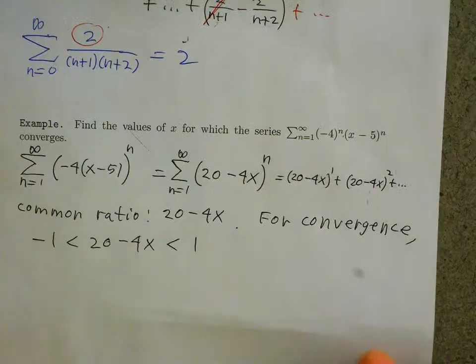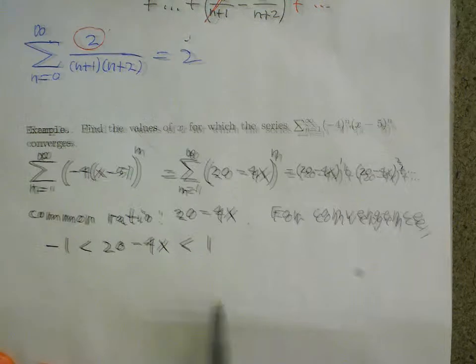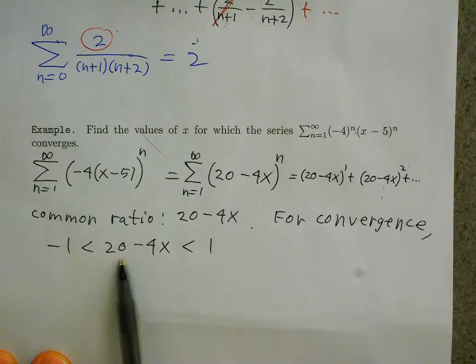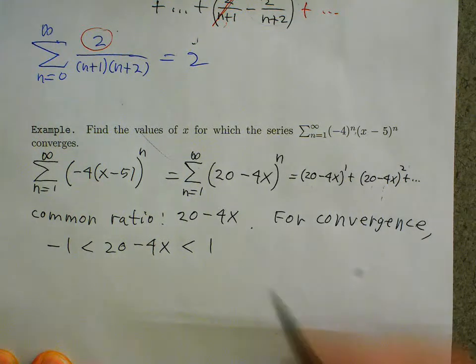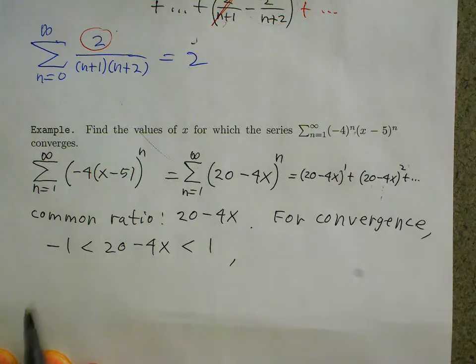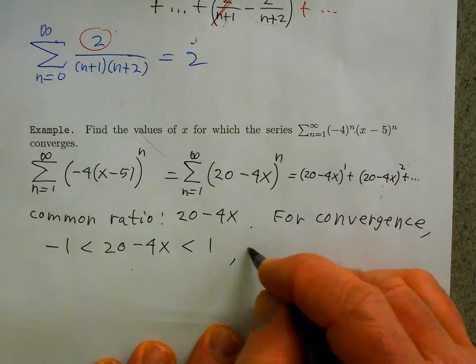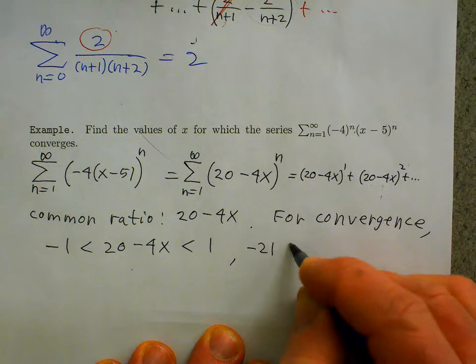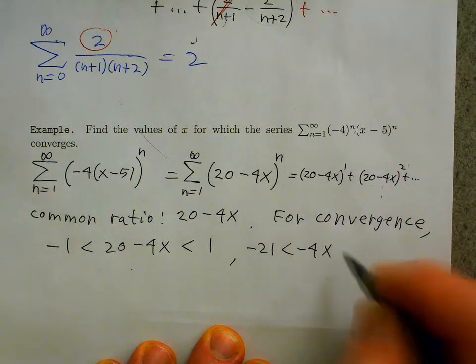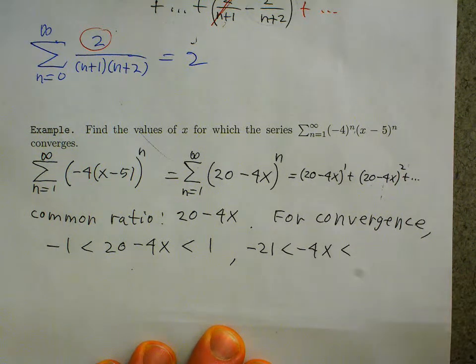So we just solve this compound inequality. First, subtract 20 from both sides, I should say from all three parts. And we'll get negative 21 is less than negative 4x, which is less than negative 19.